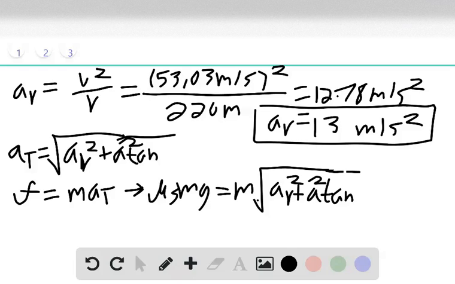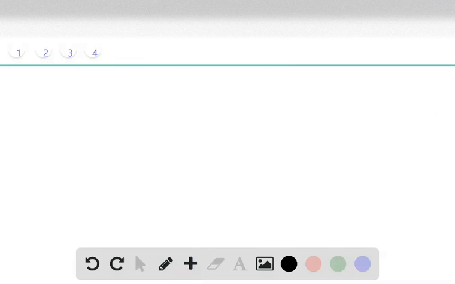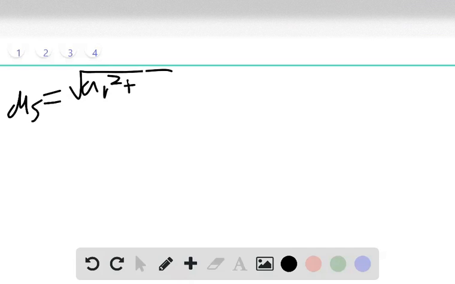So now we solve for mu_s and we plug in our values. All right, so mu_s equals the square root of a_R squared plus a_tan squared over g. Masses are going to cancel. So plug in our values.